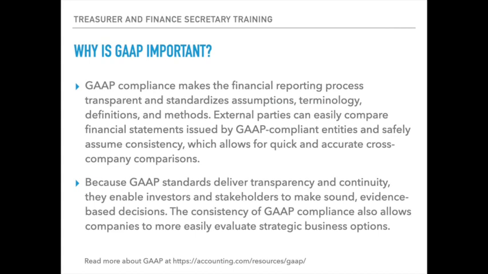Because GAAP standards deliver transparency and continuity, they enable investors and stakeholders to make sound, evidence-based decisions. The consistency of GAAP compliance also allows companies to more easily evaluate strategic business options. If you'd like to read more about GAAP, you can do so at accounting.com, resources, GAAP.